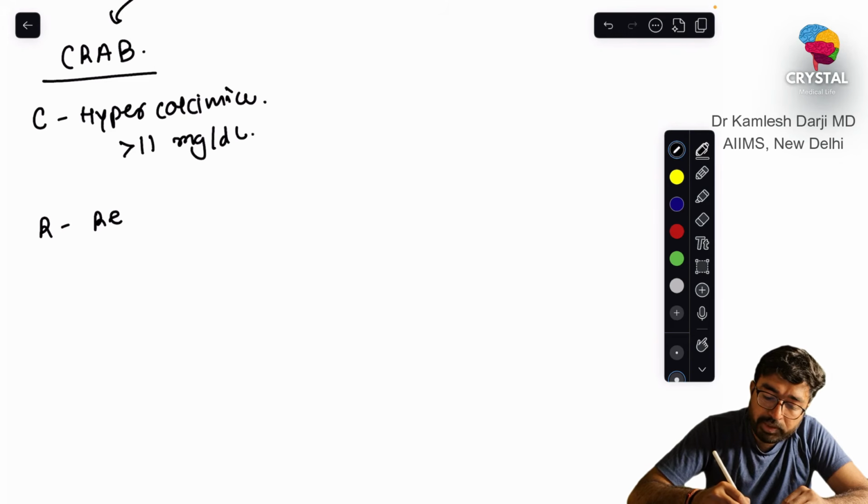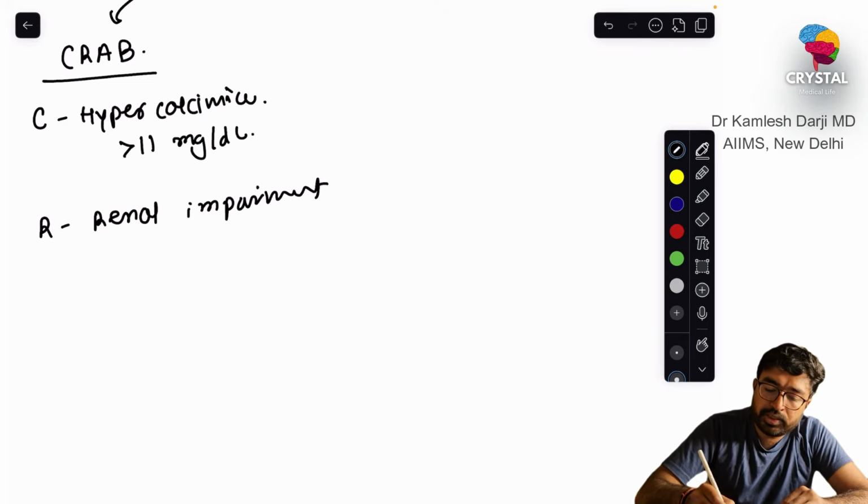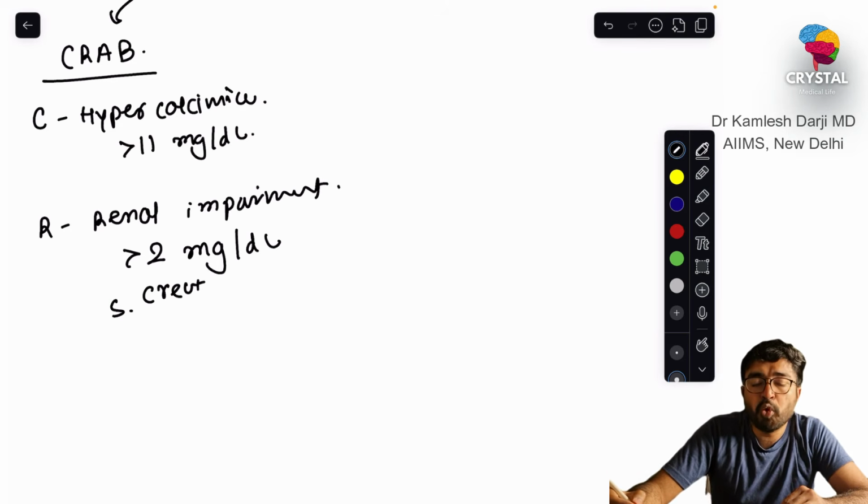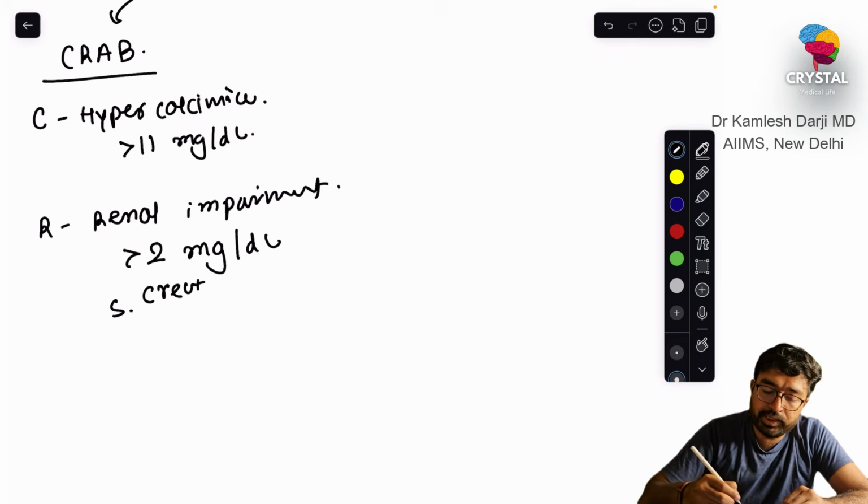R for renal impairment. So here your serum creatinine level should be more than 2 milligram per deciliter. A for anemia.